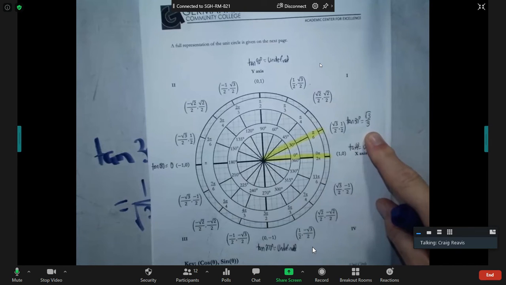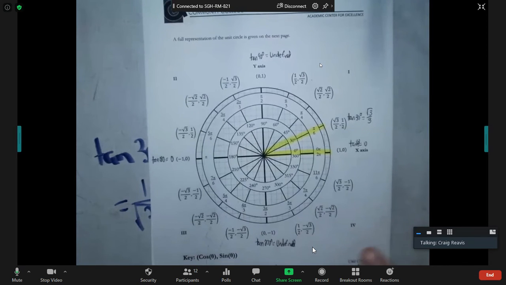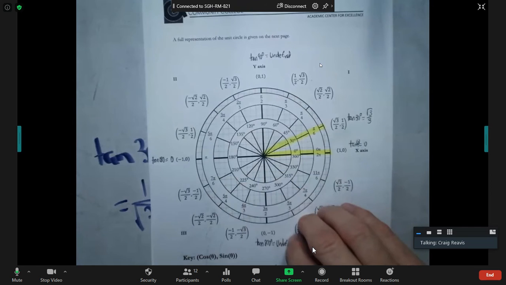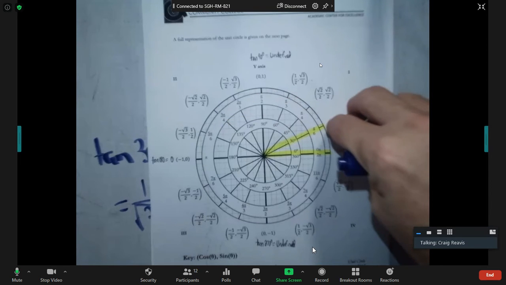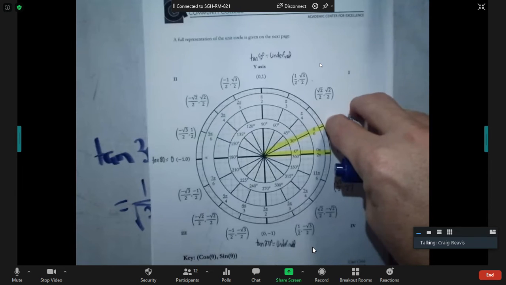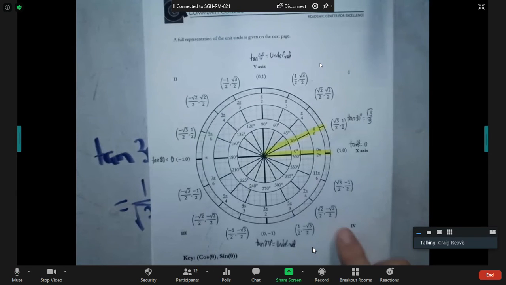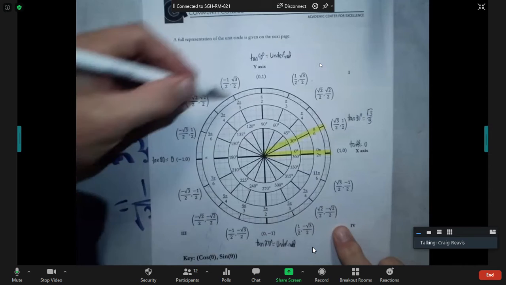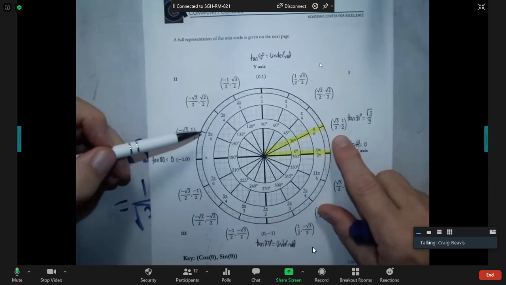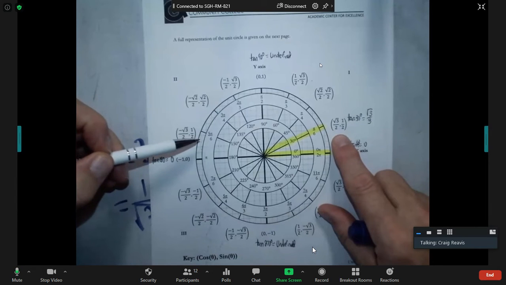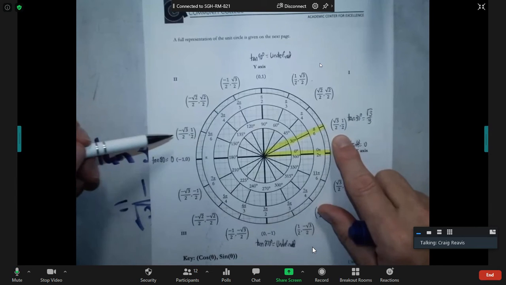Now, this is something we're going to talk about later today, reference angles, okay? Which means in each one of these quadrants, there's going to be an angle that acts very similar to the 30-degree angle, right? So let me go over here to quadrant 2, and which one of these has the same absolute value, just the square root of 3 over 2 as the x and the 1/2 as the y.